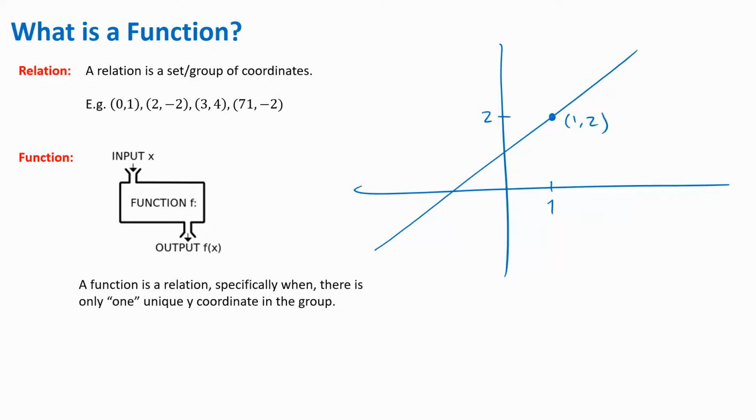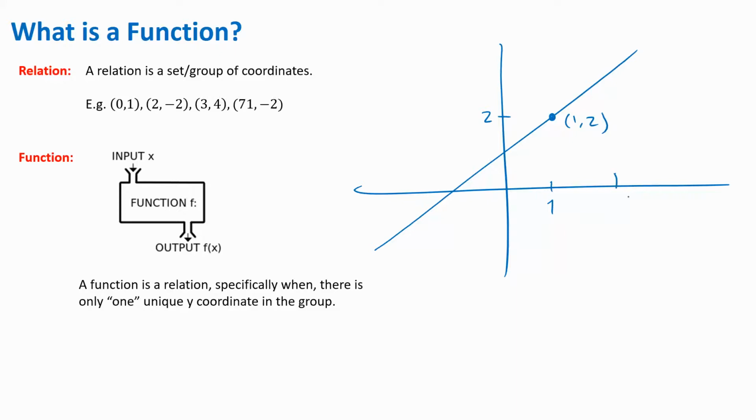So in this case, for every number 1, you only have number 2. I was going to say 2 is very faithful, but it's actually the x values that are very faithful. The y values could be a bit polygamous. So that's a linear graph, and that's a function.